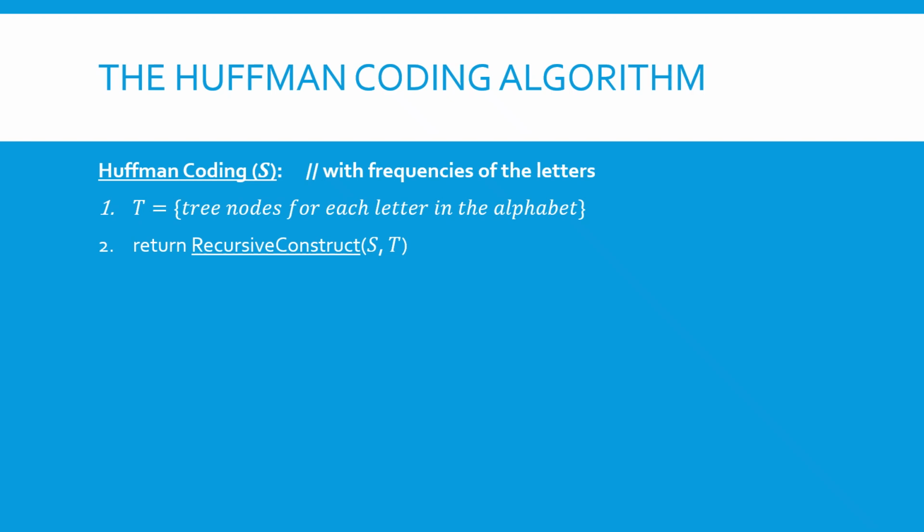We now describe the Huffman coding algorithm. We begin with a wrapper function that initializes the recursive process. The input is S, a set of character frequency pairs from the target alphabet. In line 1, we construct a forest T, where each character forms a single node binary tree.